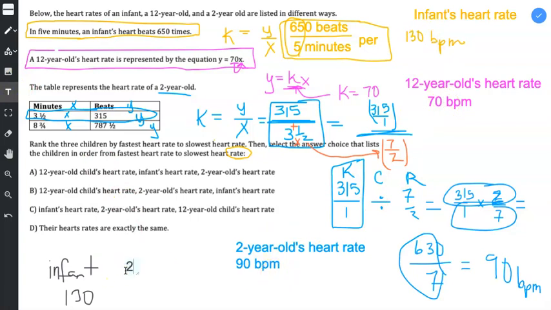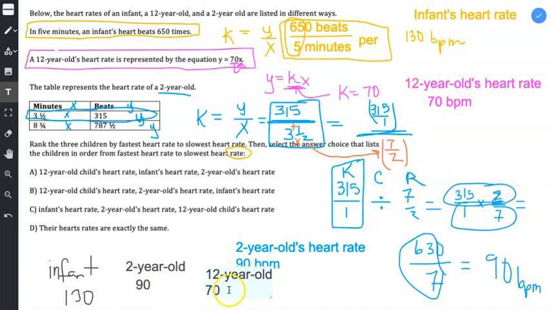So then we have the 2-year-old at, what was the 2-year-old's? 90 beats per minute. And then finally we have the 70 beats per minute, which is for the 12-year-old. And it was, 12-year-old we said was 70. 70 beats per minute. So it goes 130, 90, and 70.